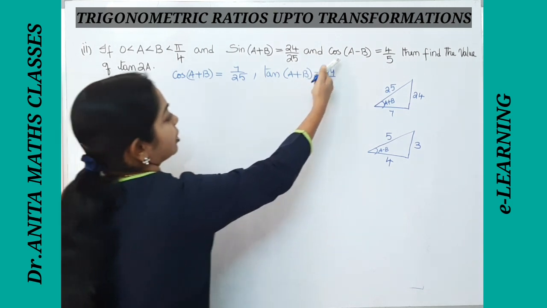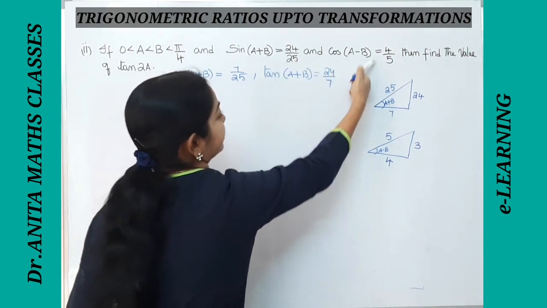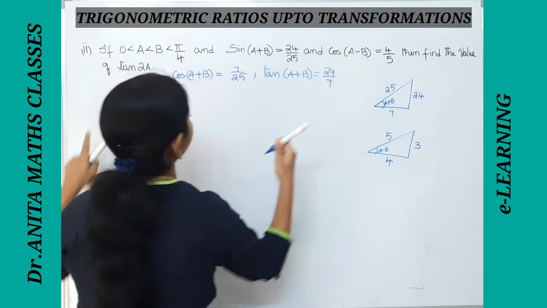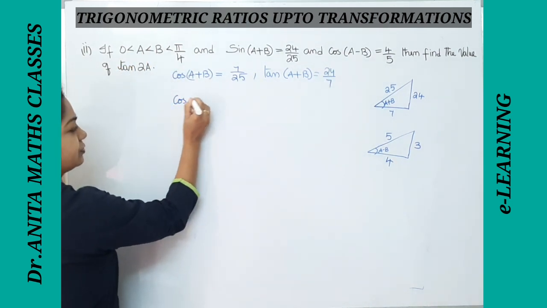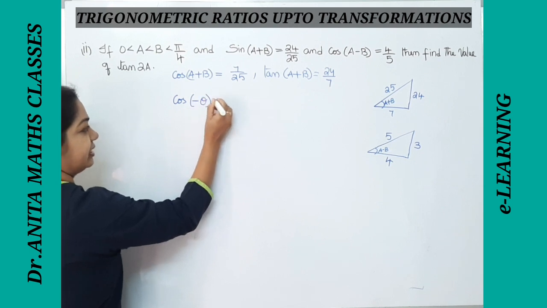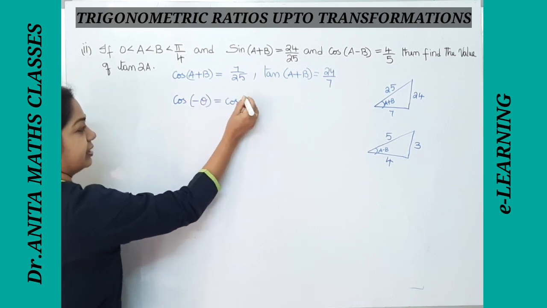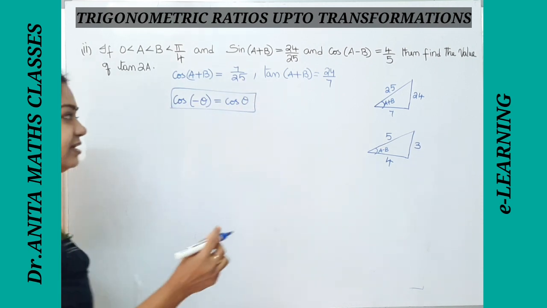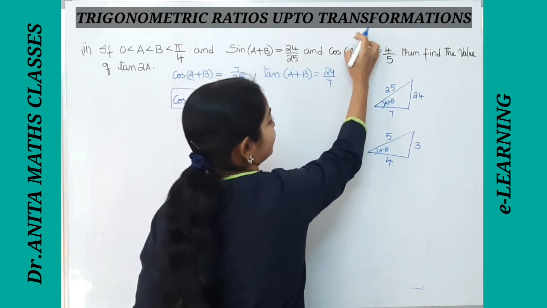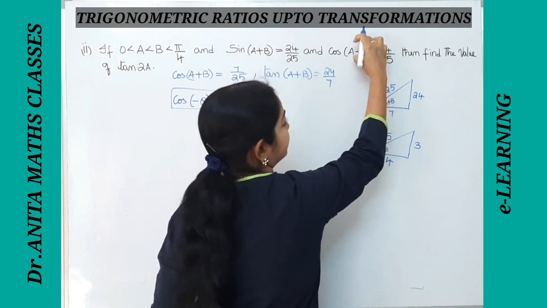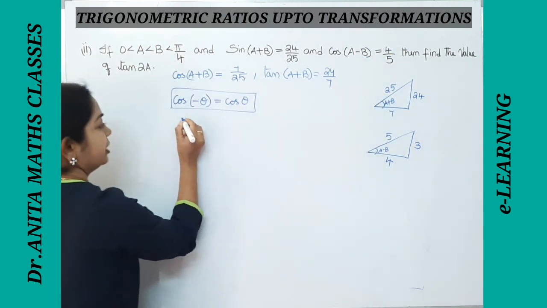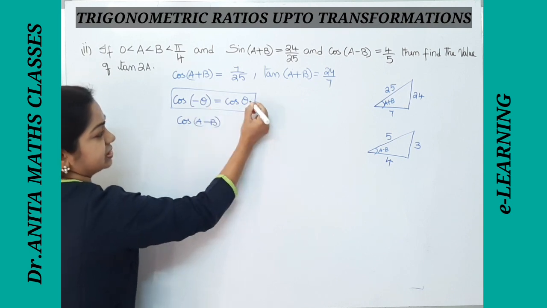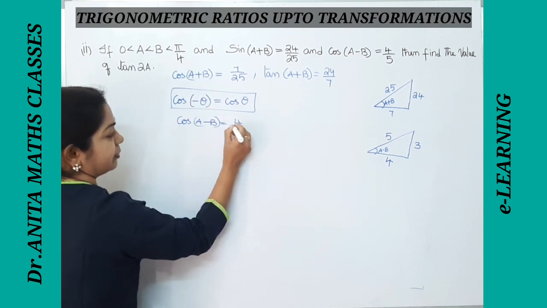Now from here, cos of A minus B, by this condition, is a negative angle here. We also know that cos of minus theta is just cos theta. So cos of A minus B, even though this is a negative angle, we will again get the positive only. So this is 4 upon 5.